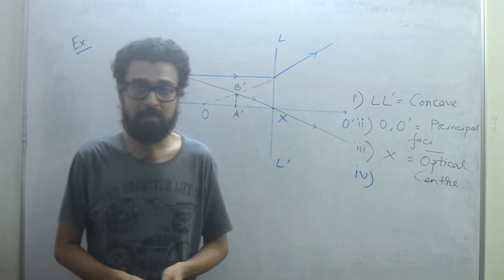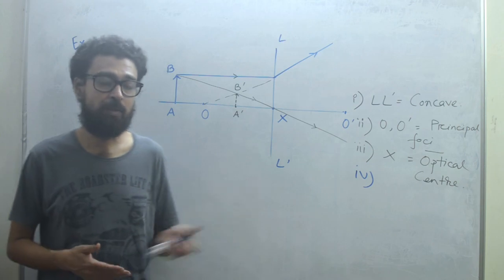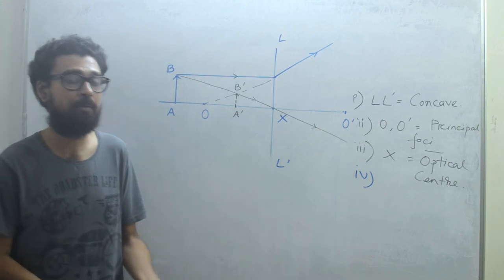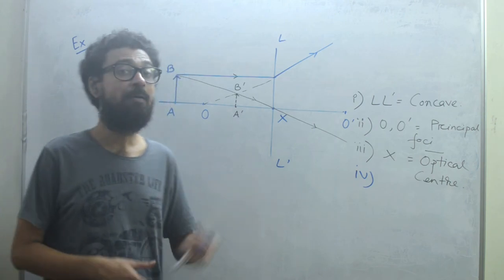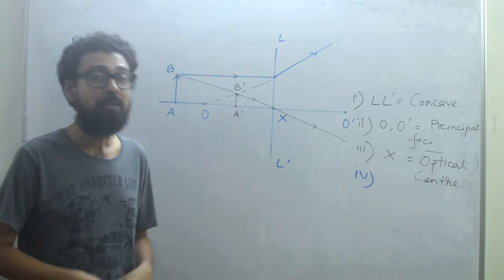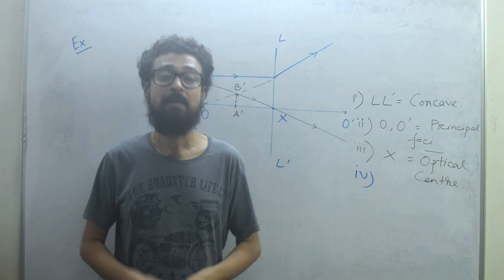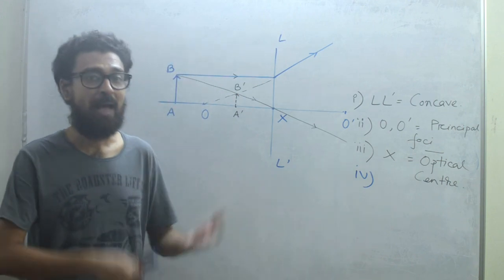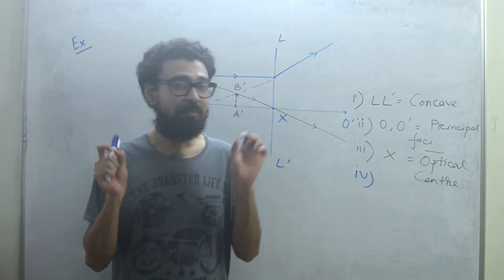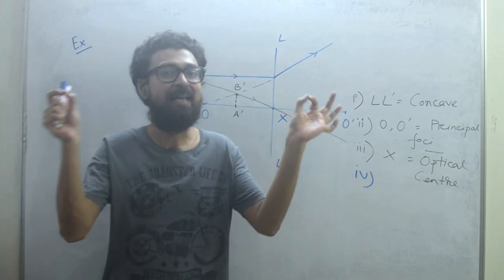Now your job is to complete the exercise, do whatever solved examples you have in your textbook, and don't forget that a lot of questions are asked from this part, part 2 of lens, and this part is basically drawing diagrams, getting marks and knowing the facts and figures exactly.